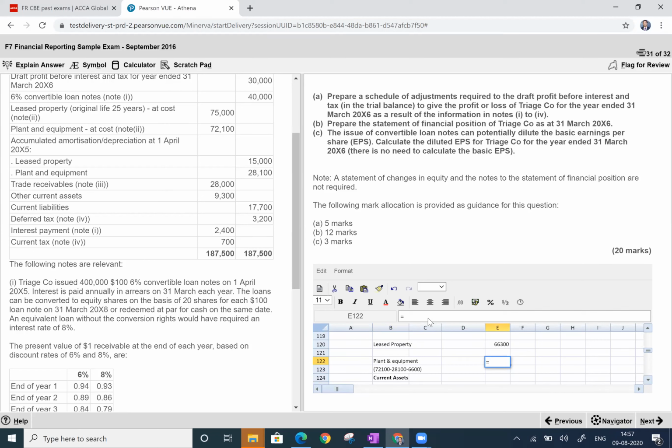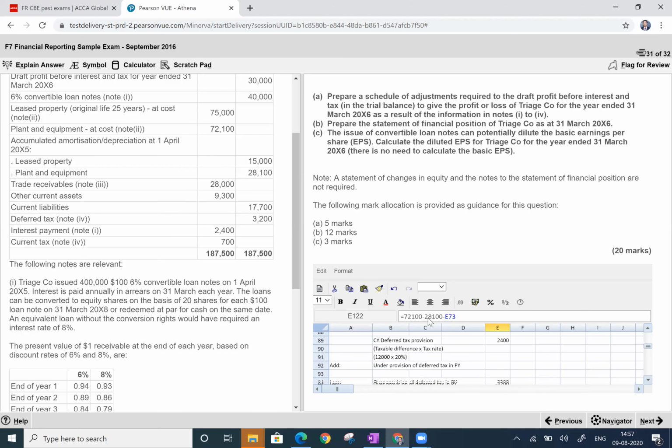So this is equal to 72,100, or you can show the calculation there itself, minus E73. Let me check E73. Depreciation on plant, E73, yes, correct.